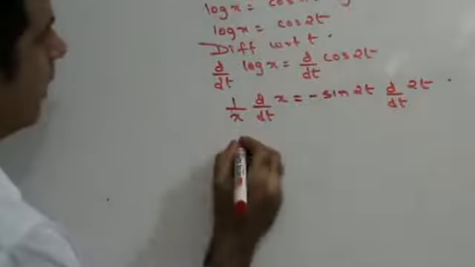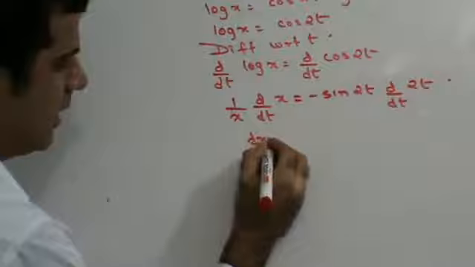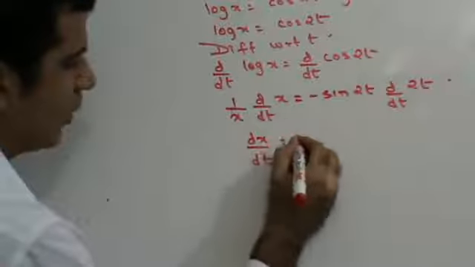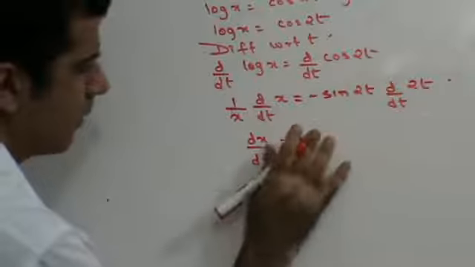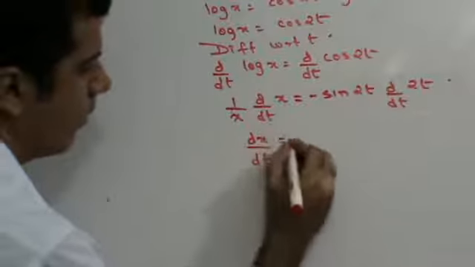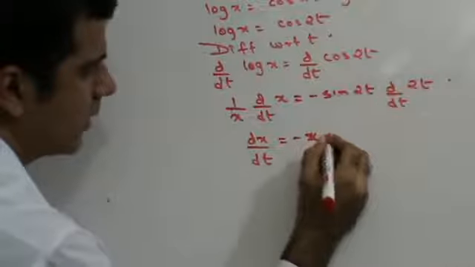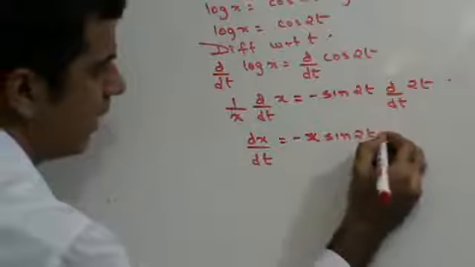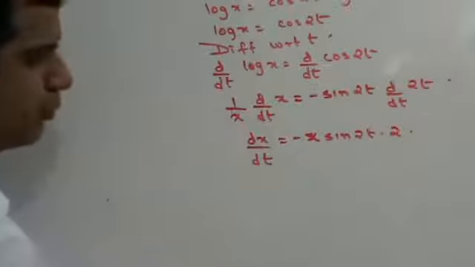So therefore you will get this as dx by dt, take the x on the other side, minus x sin 2t, d by dt of 2t is 2.